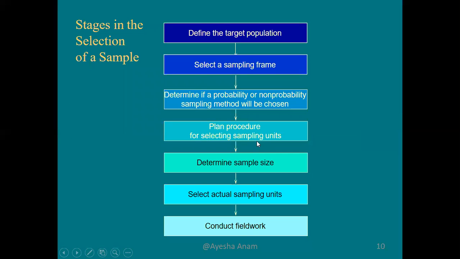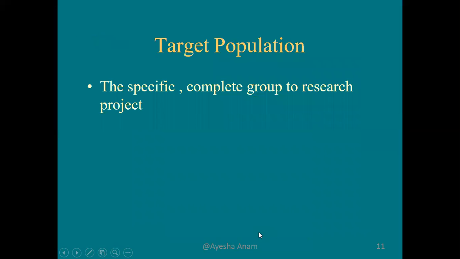How you are going to collect the samples, you have to plan the procedure. Here you have to use the tools for data collection. Then determine the sample size. Then select actual sampling units. From the whole population and from different samples, you have to choose the actual sampling units and conduct the fieldwork.